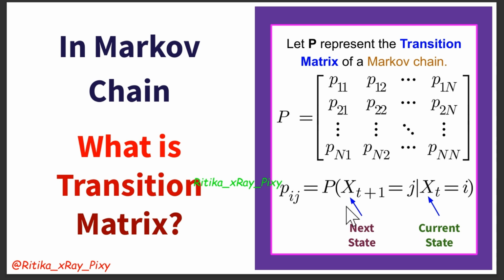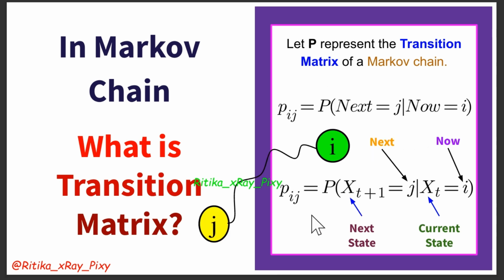Entry Pij, located in row i and column j of the matrix, represents the conditional probability that the system will move to state j at the next step, given that the system is currently in state i. i is the current state, that is now, and xt plus 1 is our next state represented by j. i means now, j means next.